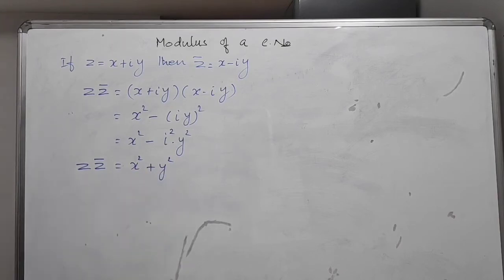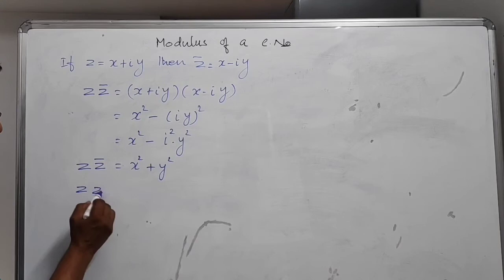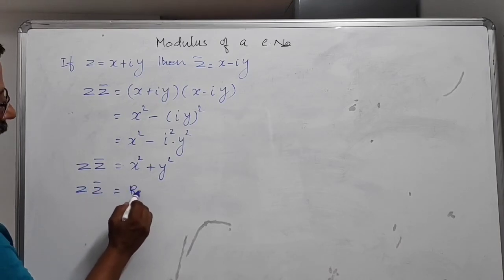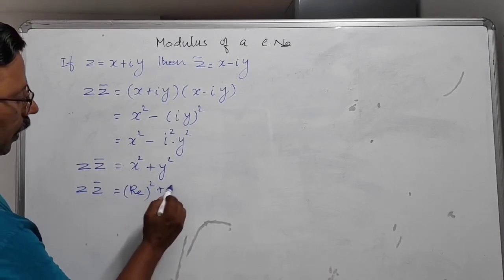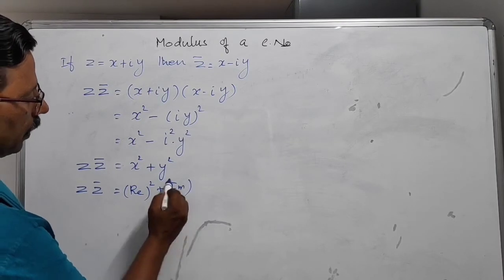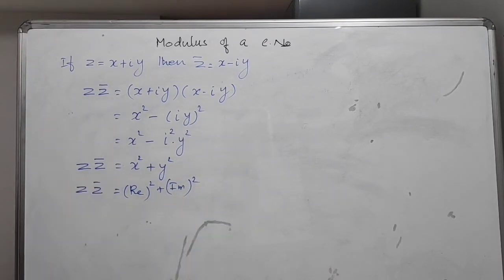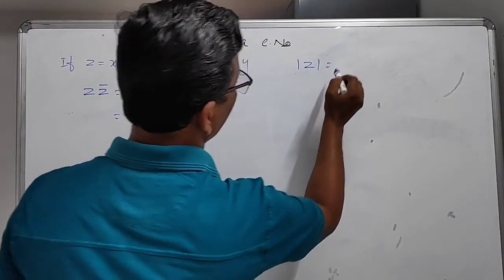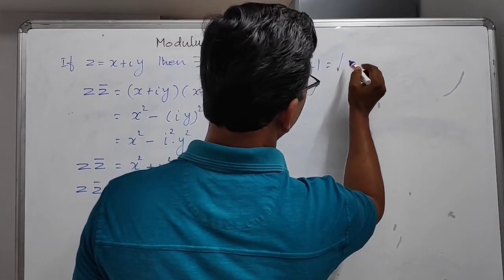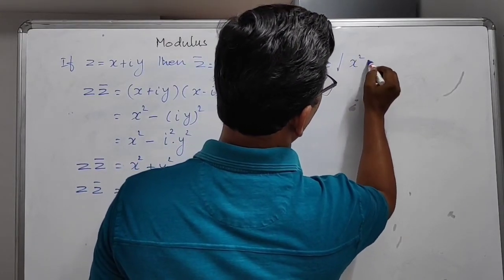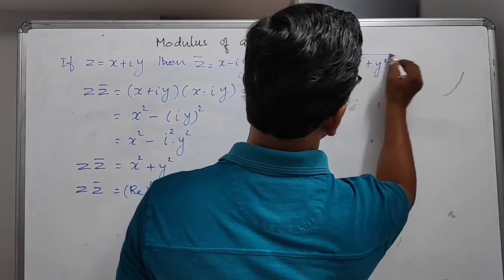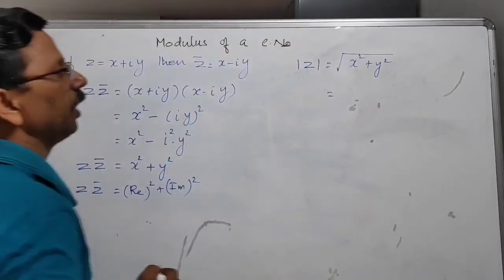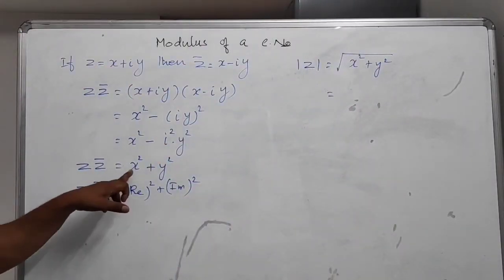That is, z into z bar is equal to real part square plus imaginary part square. Just now we have seen the modulus of a complex number. Here, the modulus of z is nothing but the root of x square plus y square, that is, the root of real part square plus imaginary part square. Now, what is the x square plus y square value?